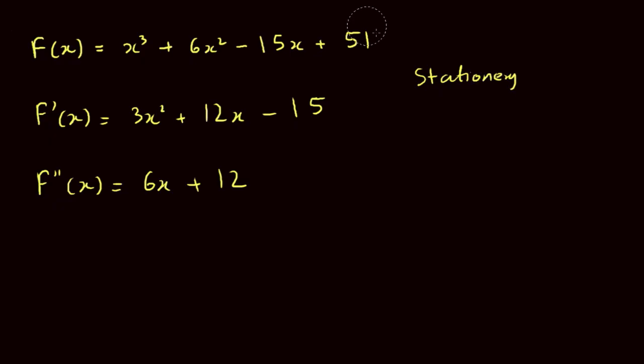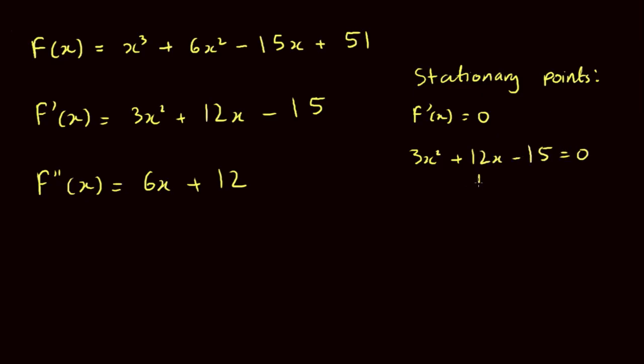If you want to find the stationary points, it's pretty straightforward. I always spell the word stationary wrong. We get f prime x equals 0, and we know that 3x squared plus 12x minus 15 equals 0.